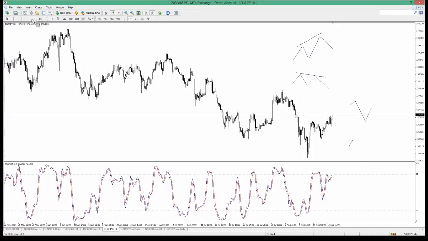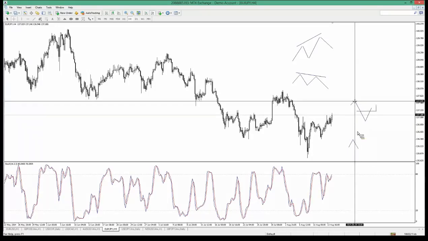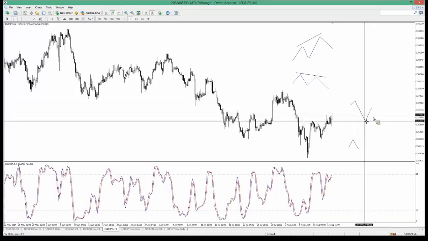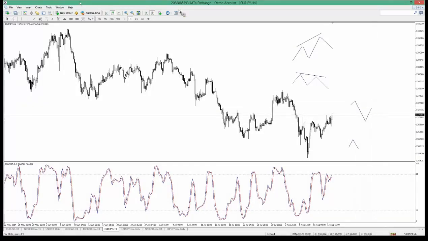So it follows price in terms of the peaks. However, where price just does a normal retracement, the actual indicator is making a new high. So it does something completely different to what price does. The indicator is making a higher high, but price itself is making a lower high.